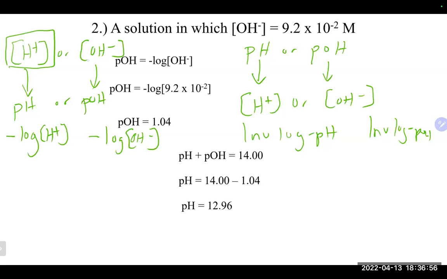So if you're starting with a concentration and want a pH or pOH, that's minus the log of whatever you're starting with. If you have the pH already or the pOH already and you want a concentration, then that is when you should use the inverse logs, which again are those 10s and the carats when you pop them into your calculator. Question on that there? Yeah.